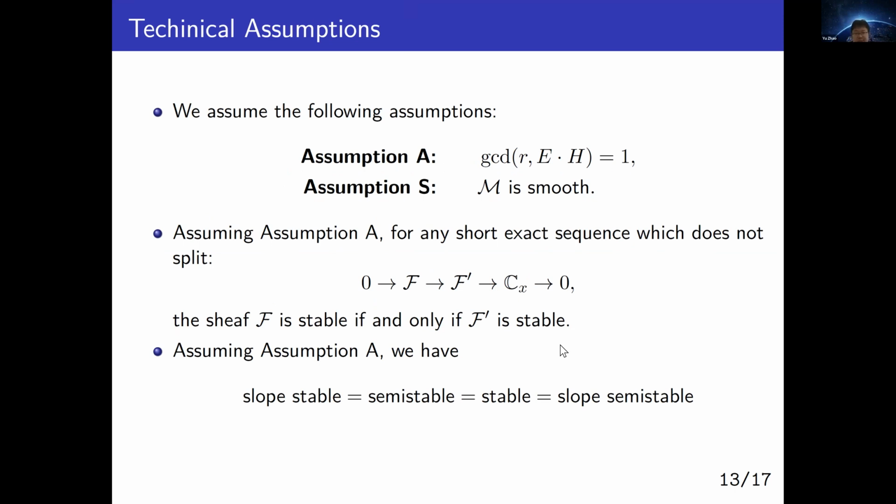The second assumption is that the moduli space should be smooth. This is a quite technical requirement, but we have to assume this for technical reasons, and I don't know how to remove these two assumptions right now. So, any more questions?